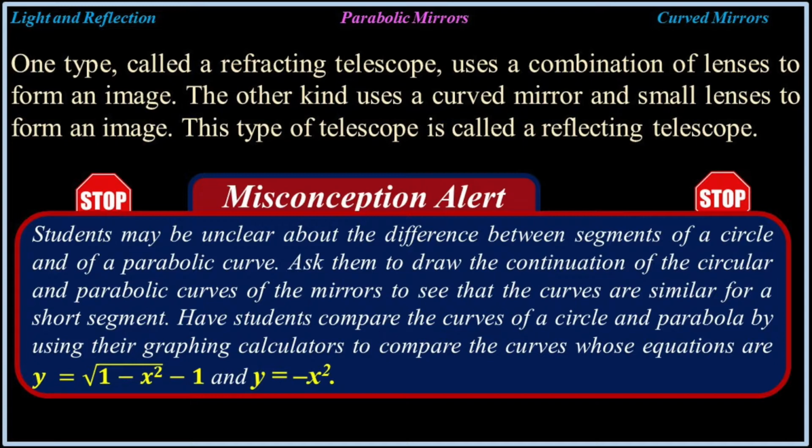Have students compare the curves of a circle and parabola by using their graphing calculators to compare the curves whose equations are y equals the square root of 1 minus x squared and y equals negative x squared.